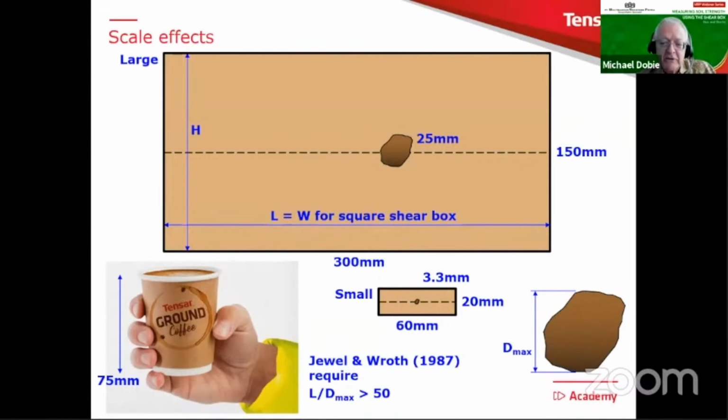Now, if I change to that requirement, then my particles shrink down to 6 millimeters and 1.2, still drawn to scale. So this is actually quite a nice way of getting an idea about what the particle size might look like compared to the size of the shear box. And of course, the dotted line in the middle will be the shear plane where the shearing will take place.